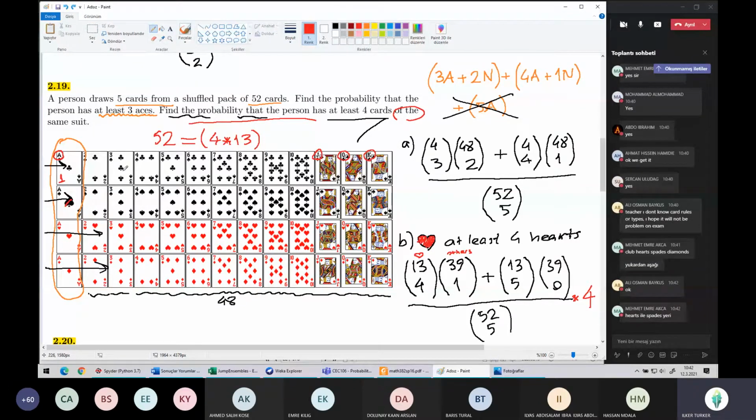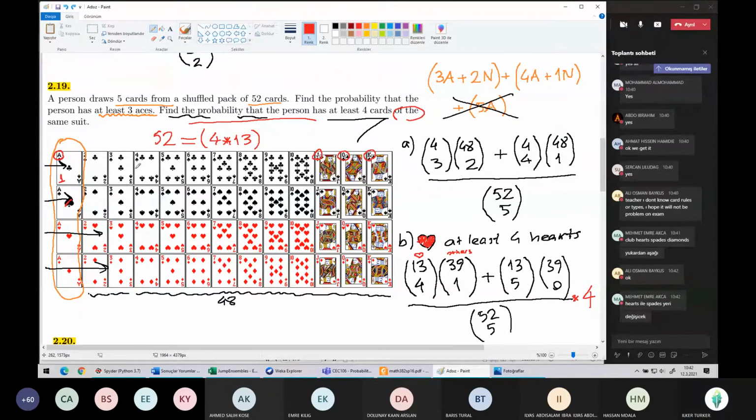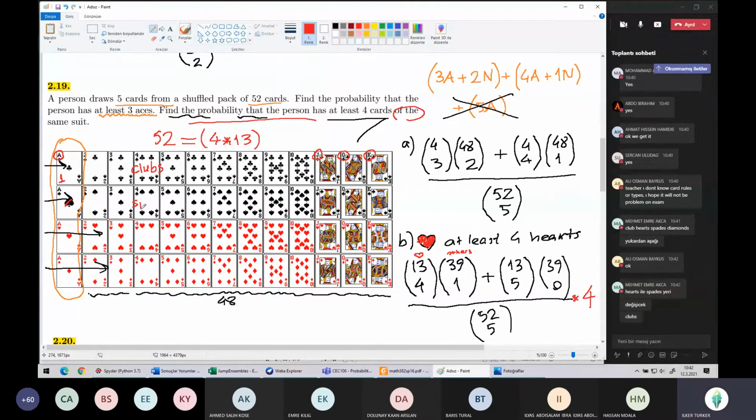The first one is clubs. Okay, spades, hearts, diamonds. Okay, that's all.